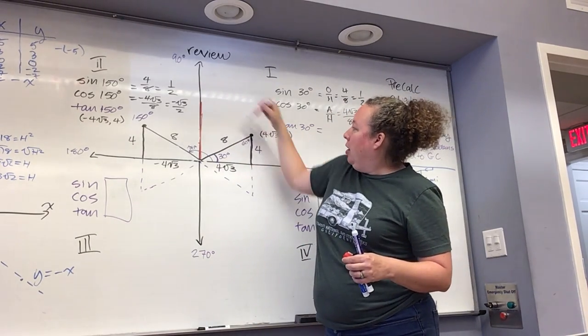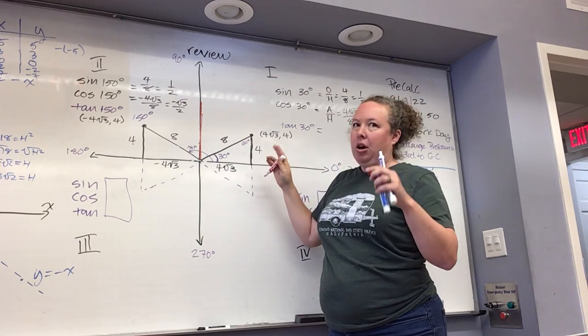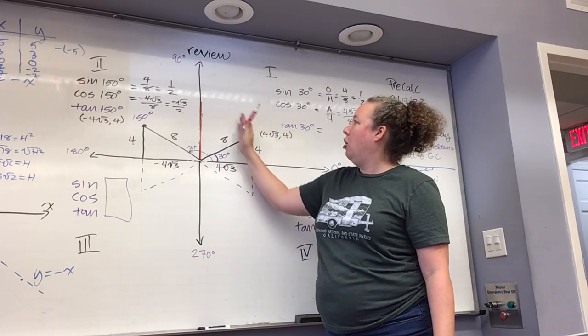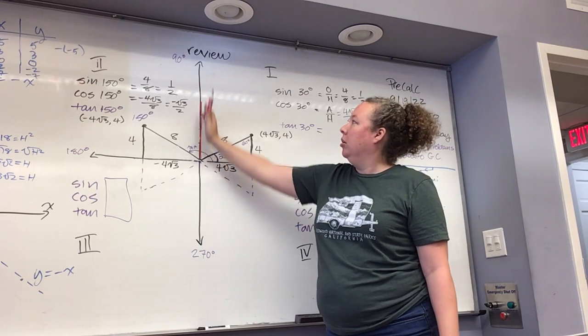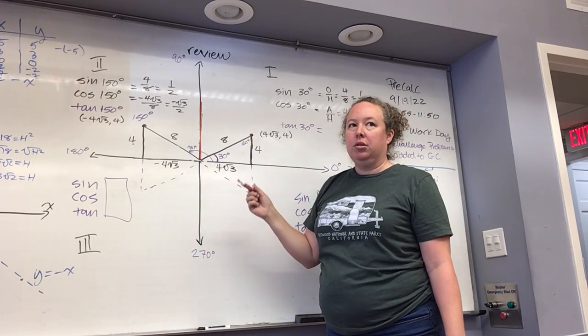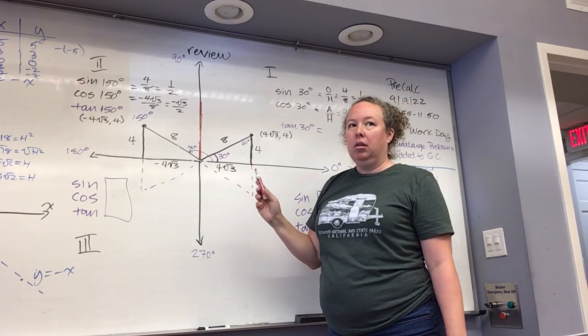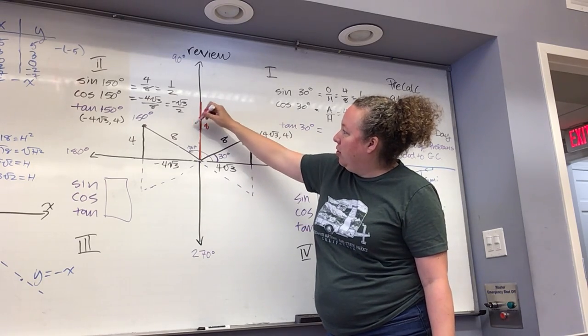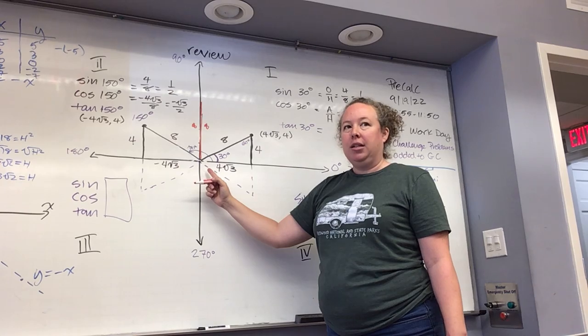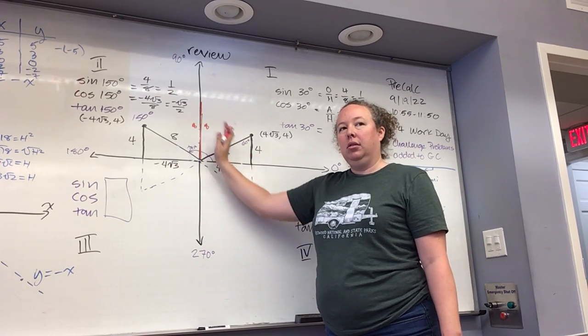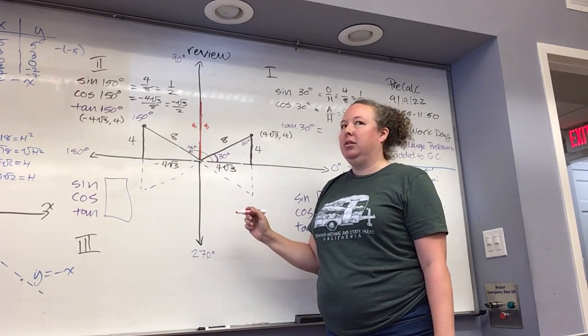When it's right here, how long is the opposite side? In other words, how tall has the height of the triangle gotten when it's right here at 90 degrees? So this is now 8. The hypotenuse is still 8. How long is the adjacent side? How wide is the base?